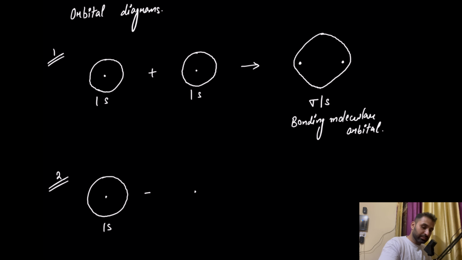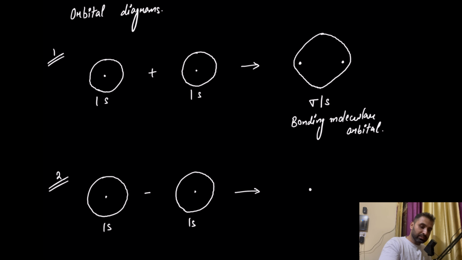That's again nucleus, and we got the, assume 1s over here. Now there will be again the formation of molecular orbital, and that will be now anti-bonding molecular orbital.